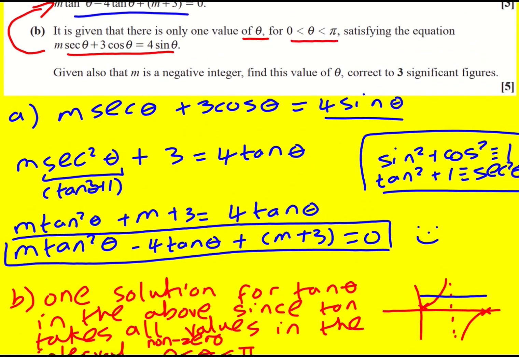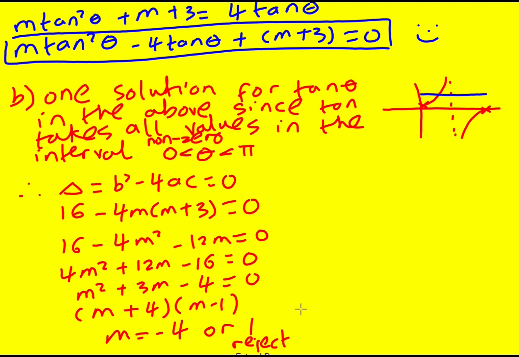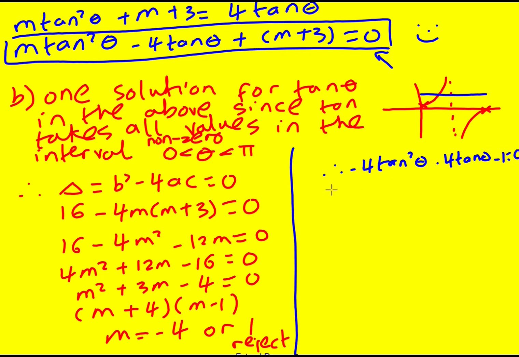Now, we were told that m is negative, so I'm going to reject this one, and we're well on our way now. We can put it back in to here. So therefore, minus 4 tan squared theta minus 4 tan theta, put minus 4 in here, minus 1 is equal to 0.